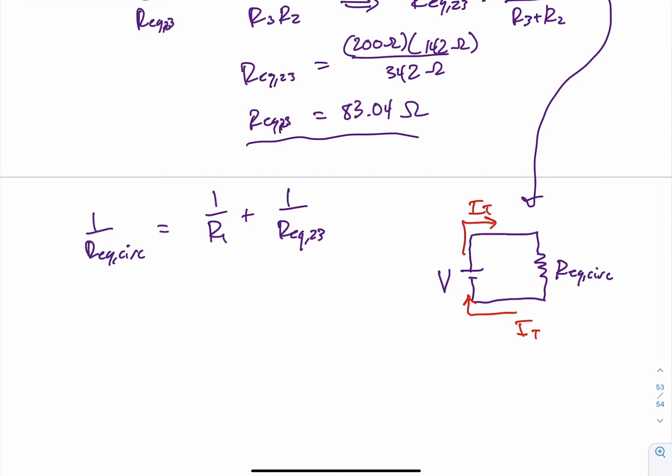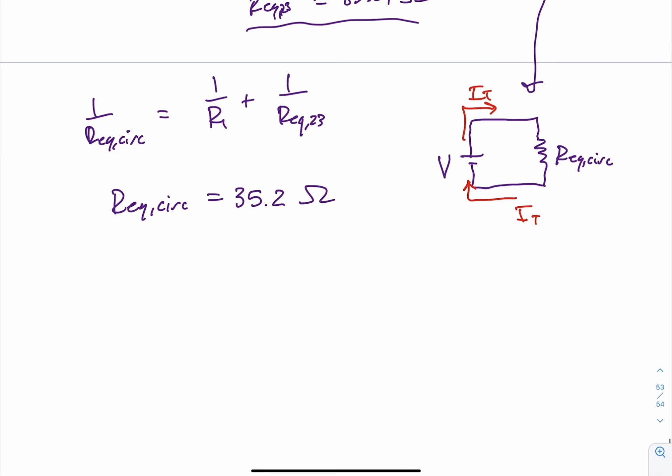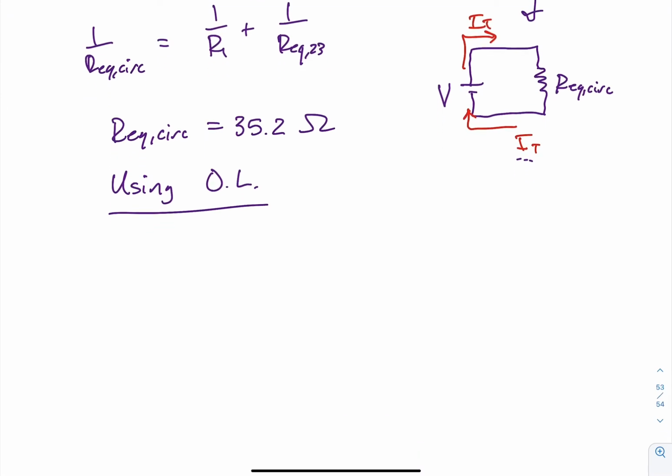And if we worked through this, we could end up showing that R equivalent for our circuit is 35.2 ohms. And if we know R equivalent for the circuit and V total, we can calculate I total using Ohm's law. So now it's very similar to what we did last time. It just took a little extra work to simplify the circuit.